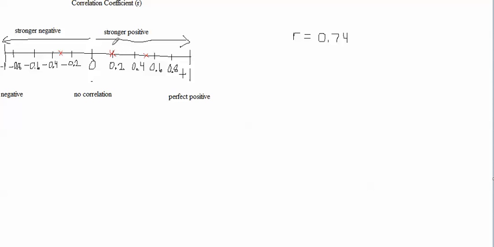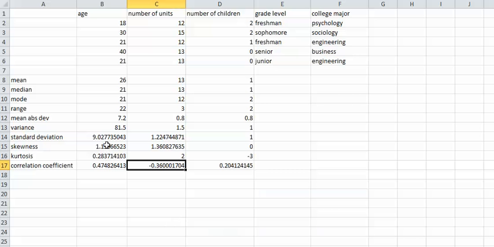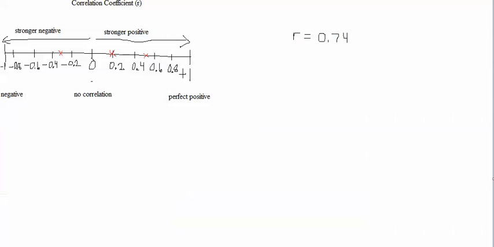So let's focus on these two positive correlations for a second. One of them was for age and number of units, and one was for units and children.